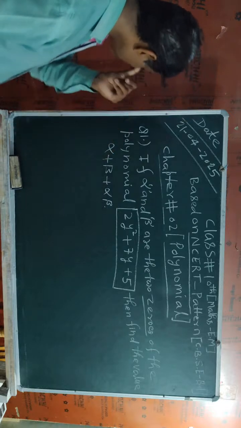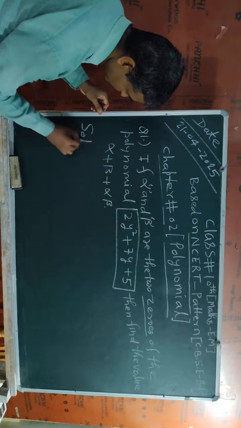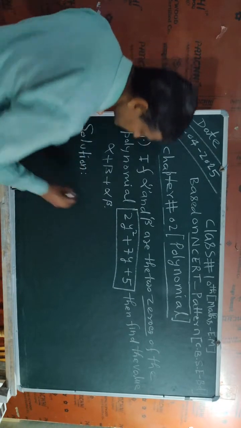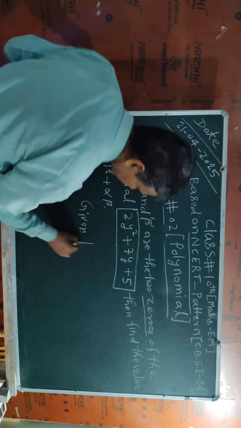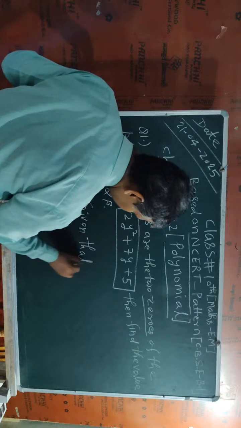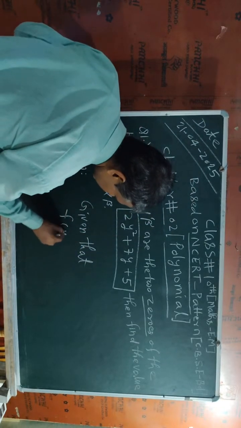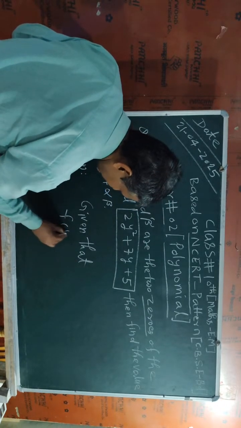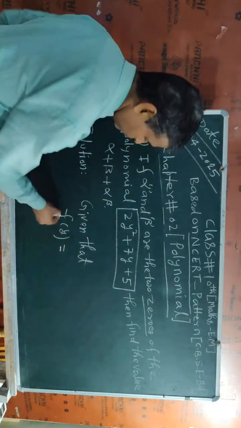Okay, student. So first of all, you have to write here solution. After writing solution, you have to write given that. What is given here? You have to write f of y. F of y means I have a function, that is, I have a polynomial that is available in the form of y.